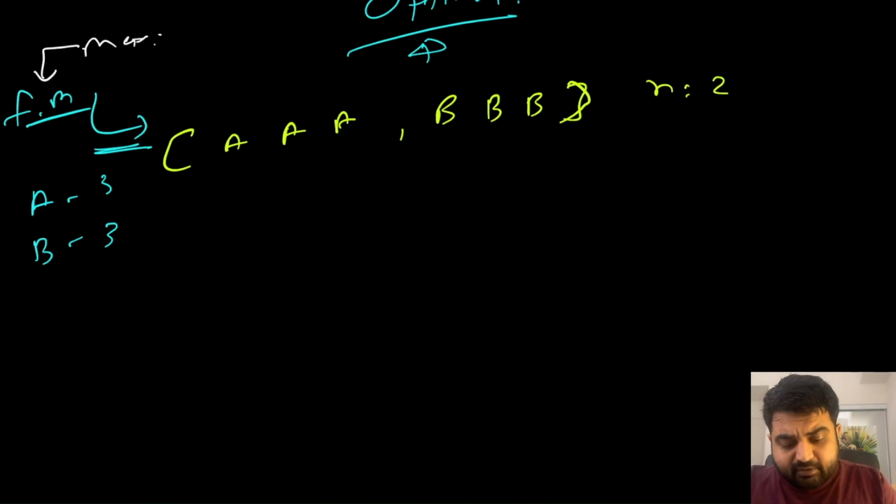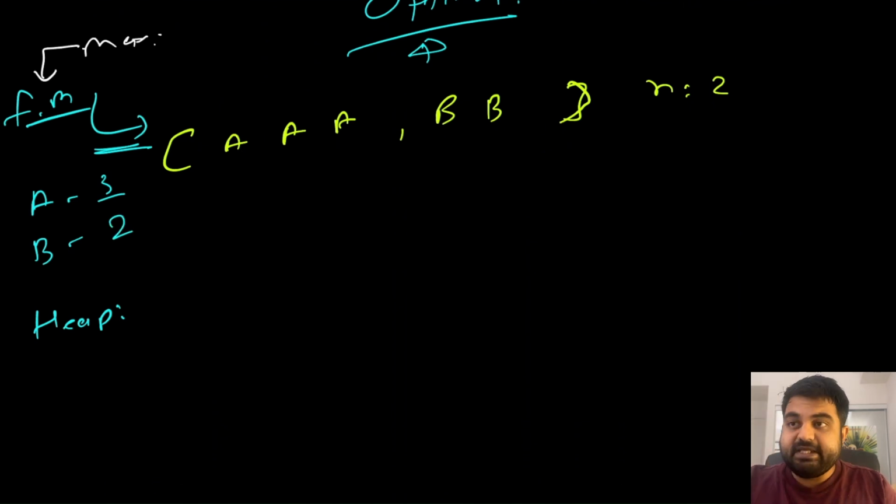One very good approach we can take is to create a heap, where inside the heap we can store how many times any particular character appears. Let me make this slightly different, and have B appear 2 times. So now it makes sense that A is 3 times and B is 2 times.